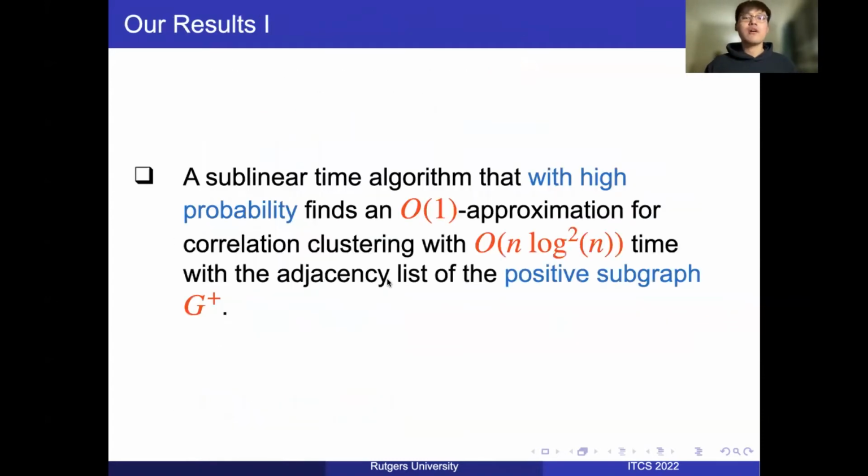Okay, good. So our first result shows that given this access to the positive subgraph G+, there exists a sublinear time algorithm that with high probability finds a constant approximation for correlation clustering with order of n log squared n time. Compared to the omega n squared lower bound, this is almost a quadratic improvement.